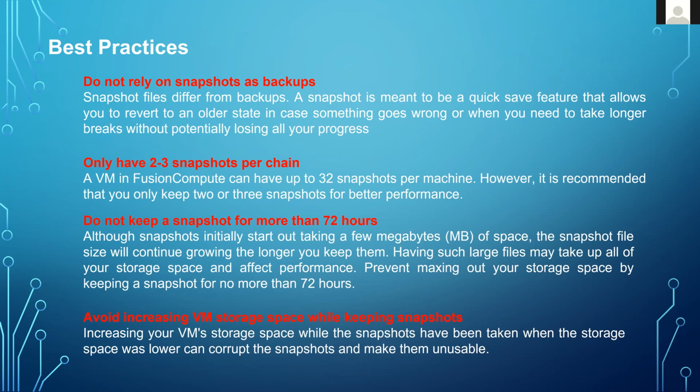If your space is full, sometimes your snapshot is corrupted, or your data gets corrupted because of the storage space issues. So please monitor your storage space. According to the storage space you can keep some snapshots, but the best practice is to keep 2 or 3 chains, and please remove your snapshot before it reaches 72 hours. These are the best practices.